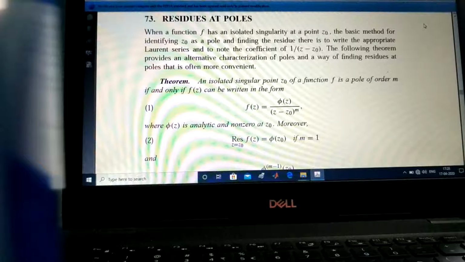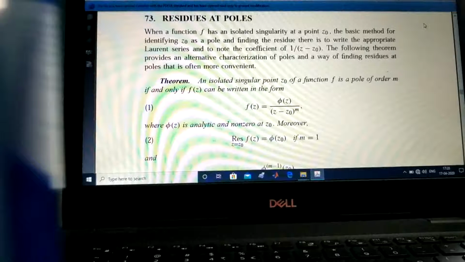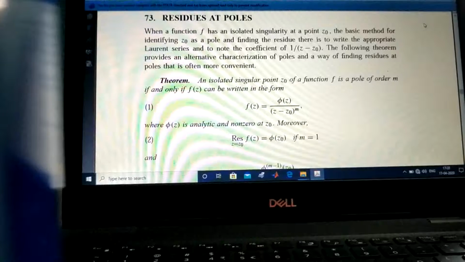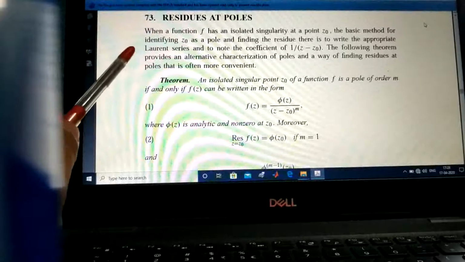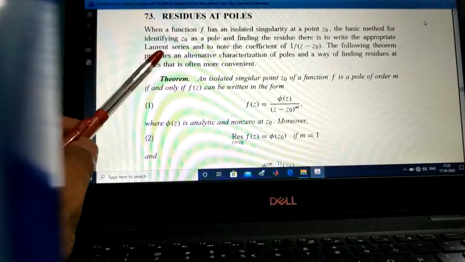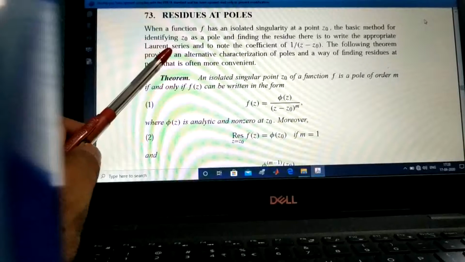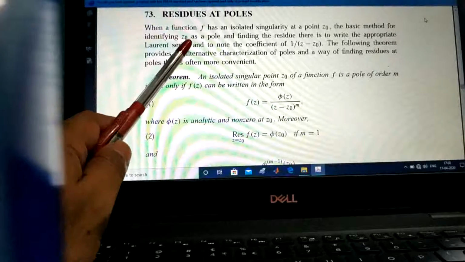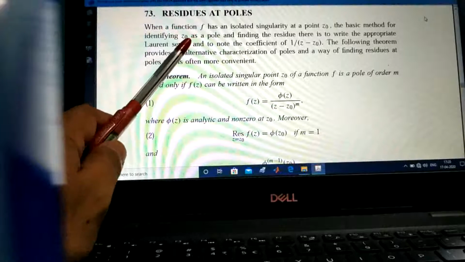What we have usually done to find residues of functions at isolated singularities is to first expand the function in terms of a Laurent series in a punctured disk at the point z0.